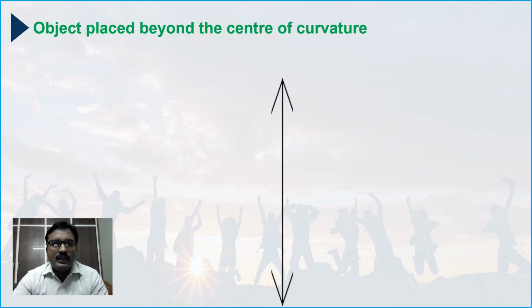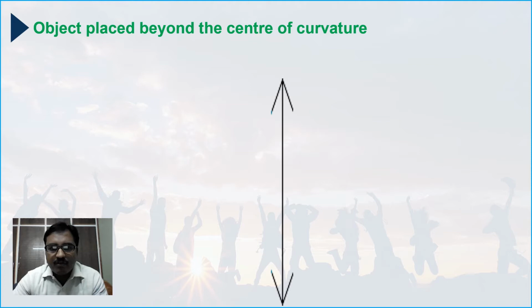Now let us see the formation of the image when the object is placed beyond center of curvature. This is the ray diagram which represents the convex lens.